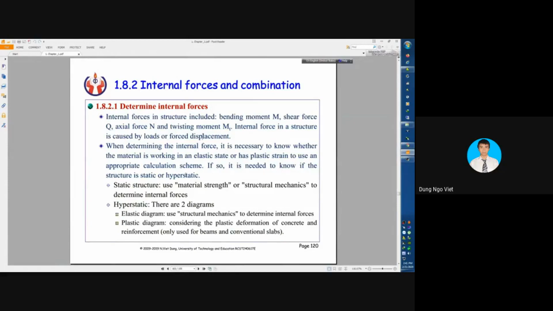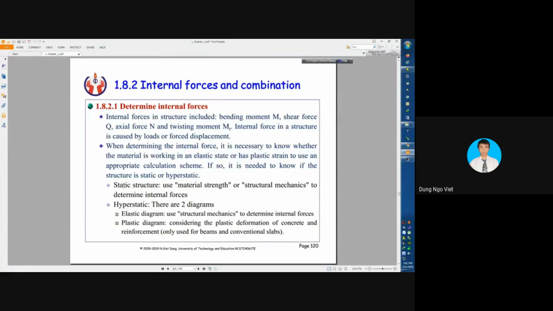If so, it is needed to know if the structure is static or hyperstatic. So your duty is to discriminate static and hyperstatic. Static structures use material strength or structural mechanics to determine internal forces.